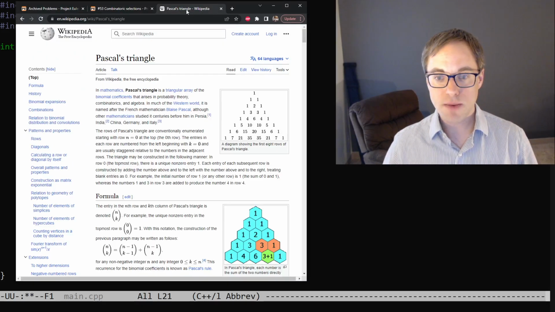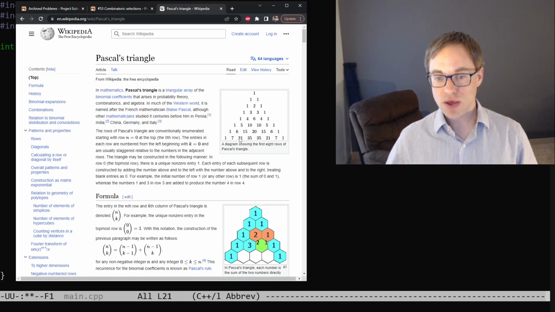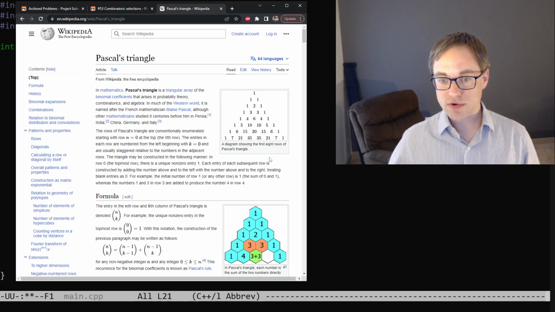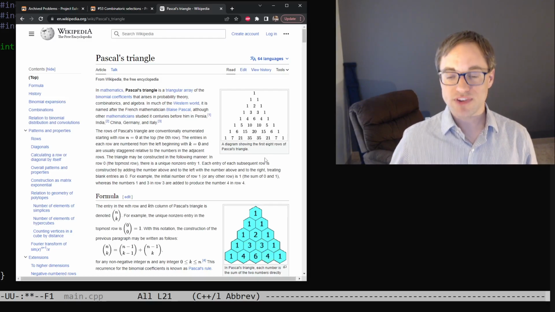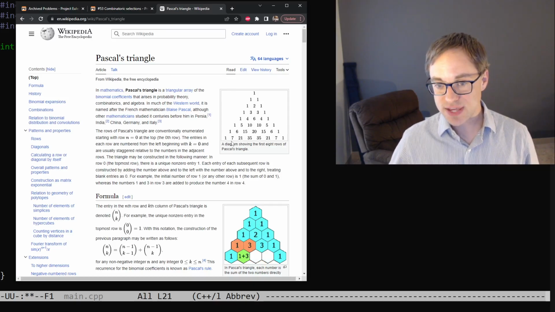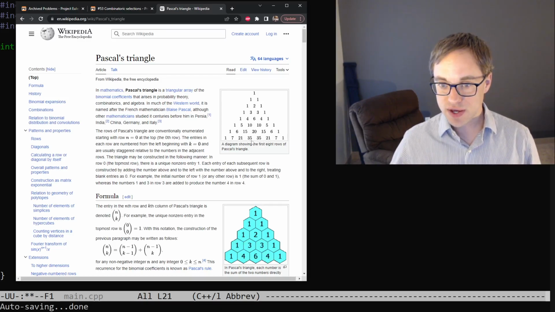Going back to Pascal's triangle here, if we were trying to count the number of coefficients in this bottom row that are greater than 25, for example, we would count that there are 3 that are less than or equal to 25. We would double that to get 6, and we would subtract that from 8 to get the 2 coefficients greater than 25 here.